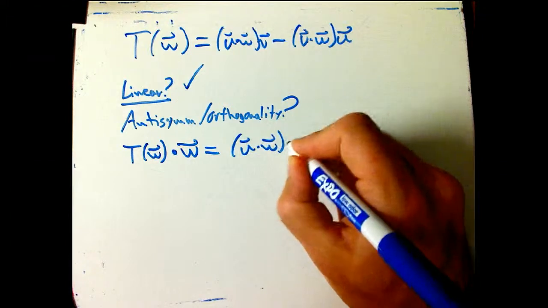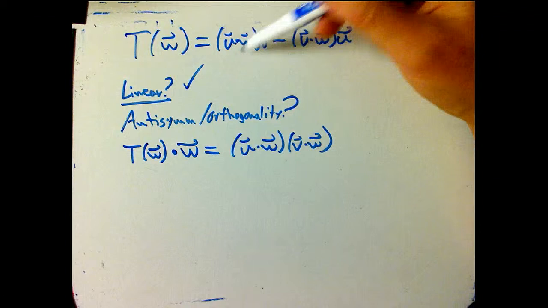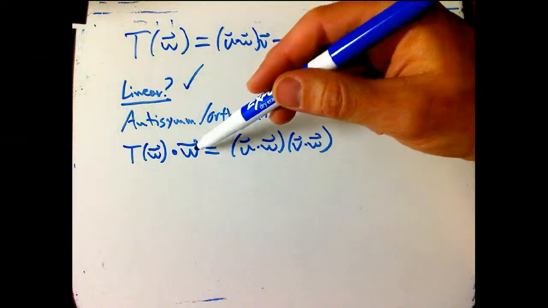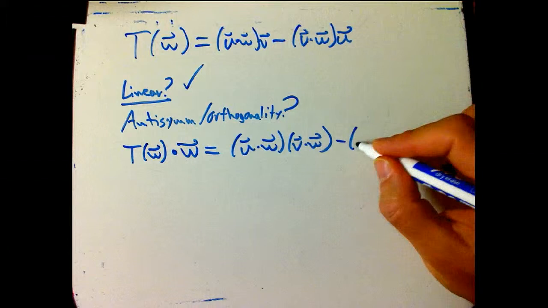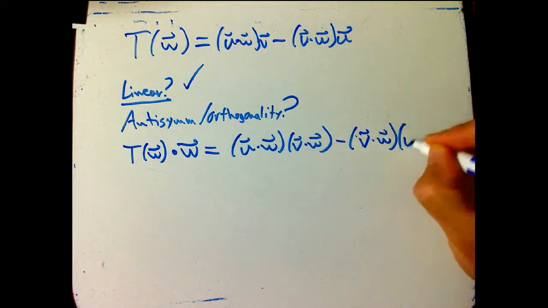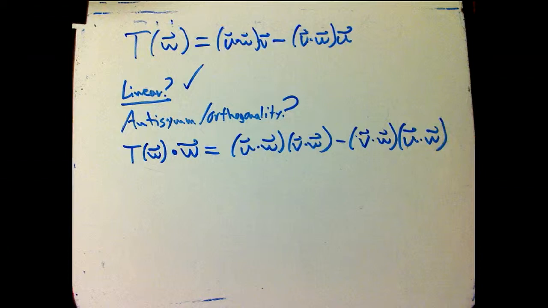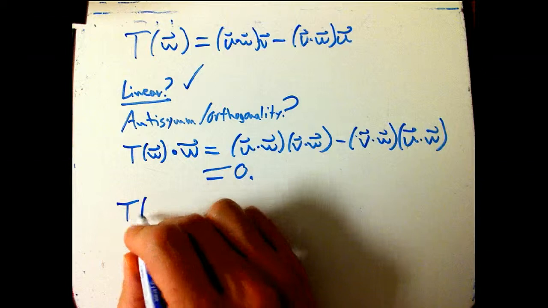U dot W and then V dot W, because this is a scalar. Whenever I take a scalar times a vector and I dot it with another vector, I'm just going to have that scalar coming out times the dot product. Minus, now that's a V, in case you couldn't tell, and then U dot W. Hey, that's definitely 0.